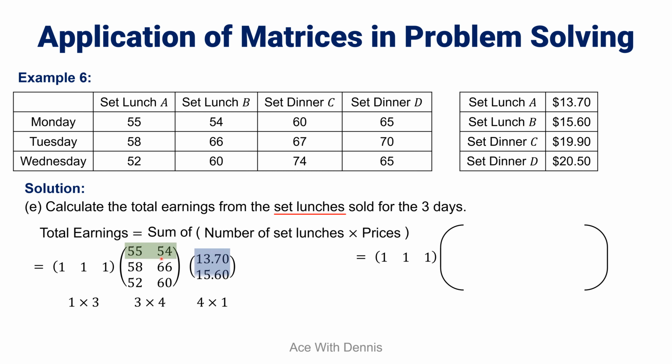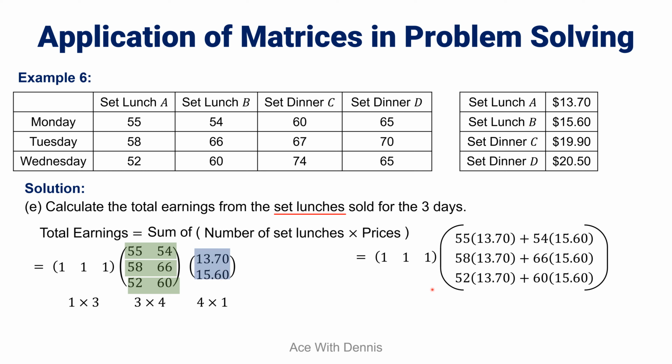So these elements multiply with these elements, we have 55 times 13.7 plus 54 times 15.6. Next, these elements multiply with these elements again. So we have 58 times 13.7 plus 66 times 15.6. The next row, these elements multiply with these elements again.